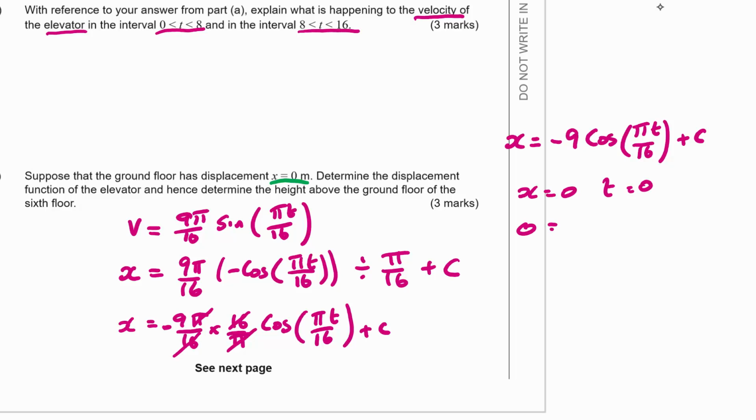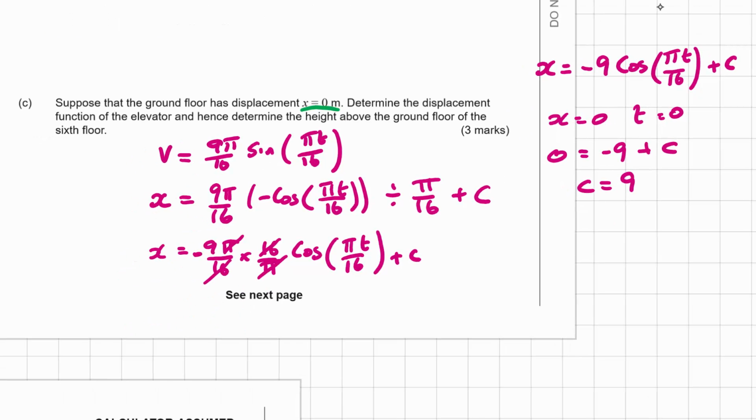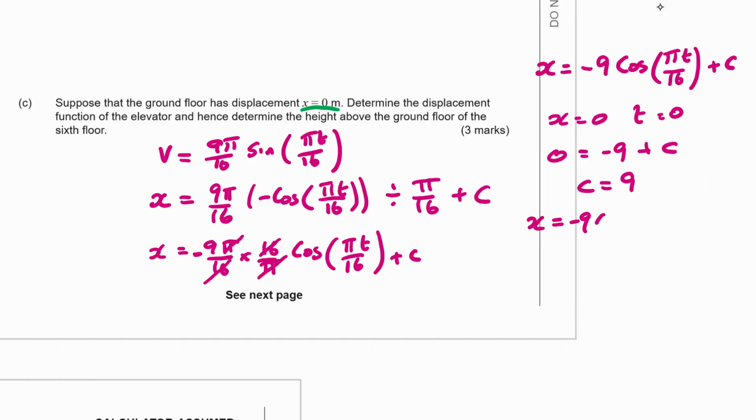And so 0 is going to be negative 9, because the cosine of 0 is, of course, 1, plus c. So c equals 9. So x is going to be equal to negative 9 cos pi t on 16 plus c.